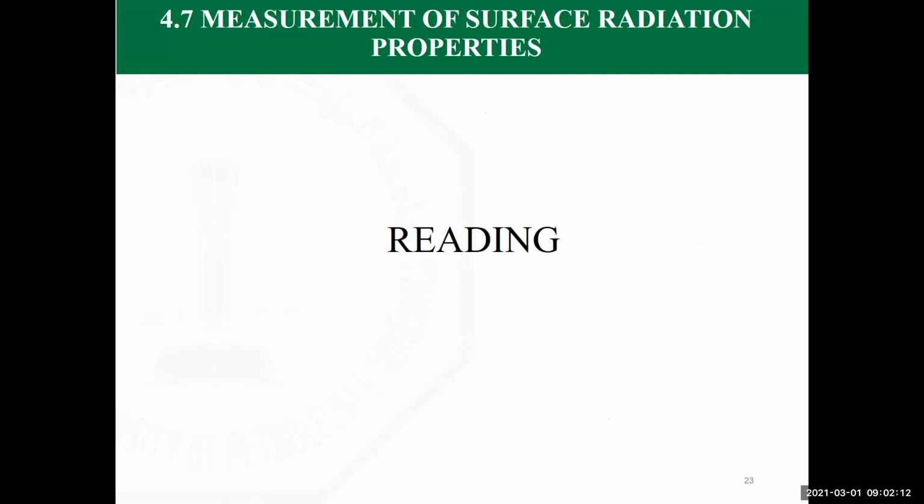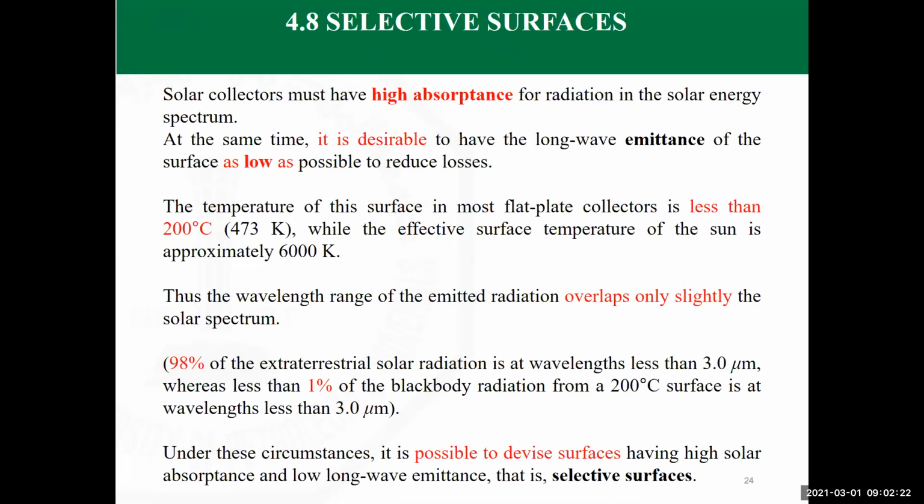This is a part of the course which is left for general reading for you, to learn how to do the measurements for surface radiation properties. And another very important application in terms of the properties is what we call the selective surface. From what we have learned earlier, and even what you studied in physics, black bodies absorb all the energy falling onto them, and they also emit all the energy they have.